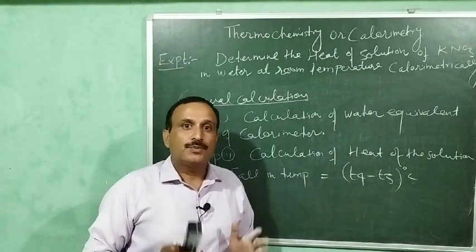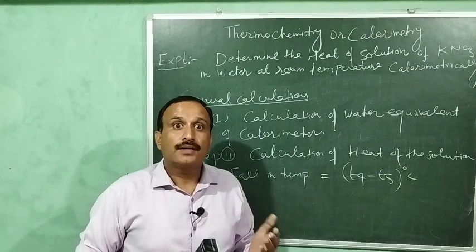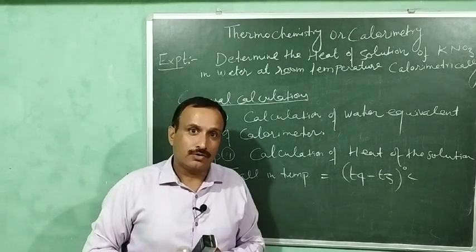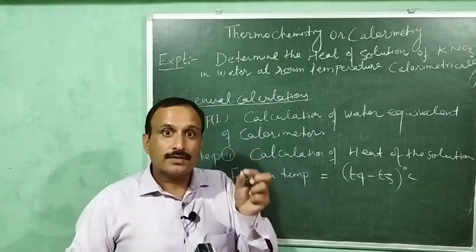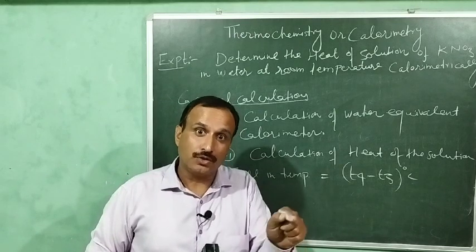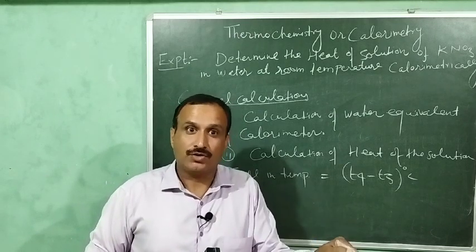This means that potassium nitrate is getting dissolved with the absorption of heat. And from where is it absorbing heat? So potassium nitrate is absorbing heat from the water in which it is dissolved, from the calorimeter.